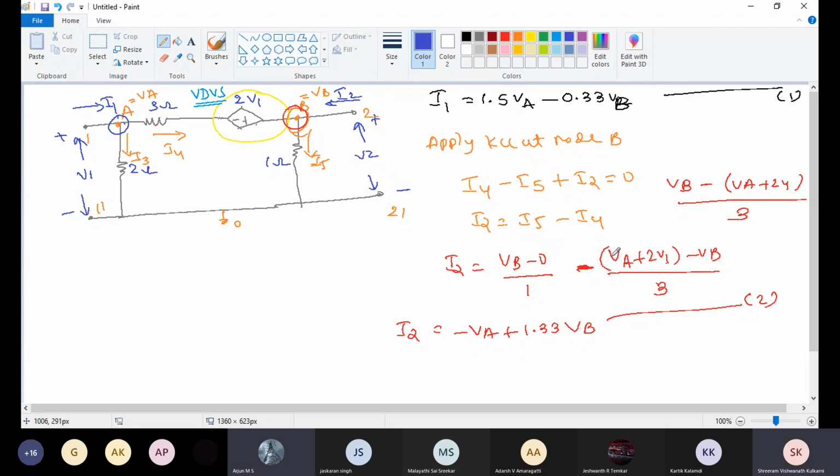That term, so 2V1 by 3. In which equation are you talking about? The second equation, sir: 1.33 VB minus 0.66 V1.